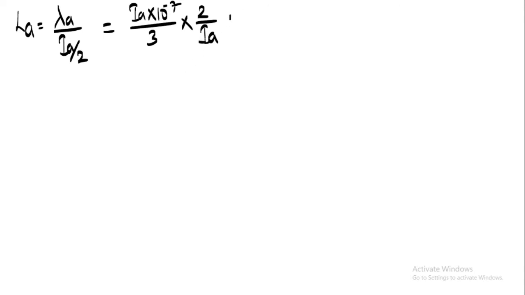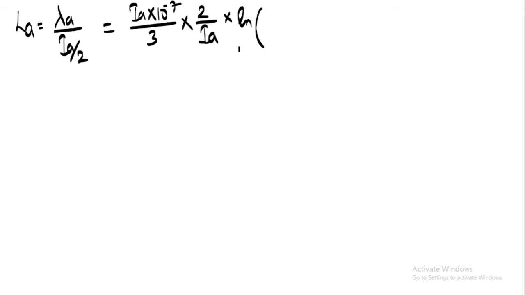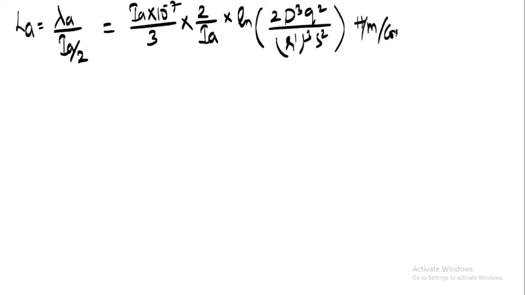Is it right? 2 by IA into ln of 2d cube q square over r dash whole cube s square, Henry per meter per conductor. It is not the inductance per phase.